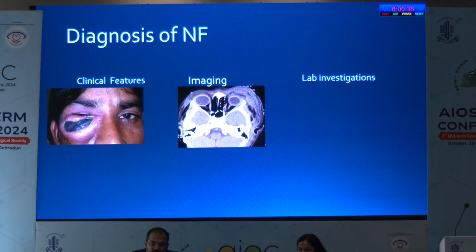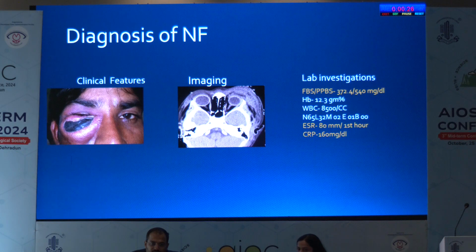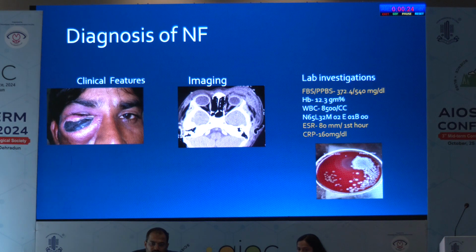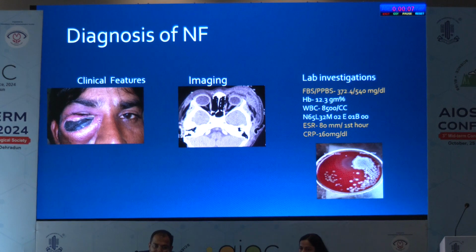The imaging shows periorbital soft tissue edema, and sometimes emphysema. Lab investigations: there is the LRINEC, the laboratory risk indicator, which includes 6 factors: leukocytosis, C-reactive protein, creatinine, hemoglobin level, and the blood sugar level.